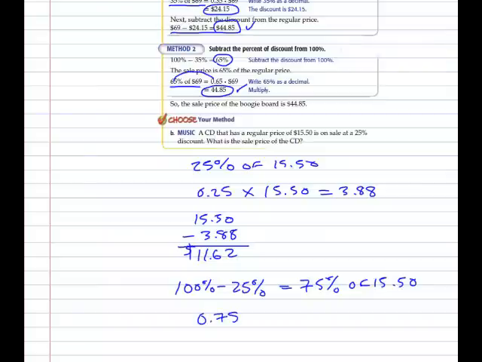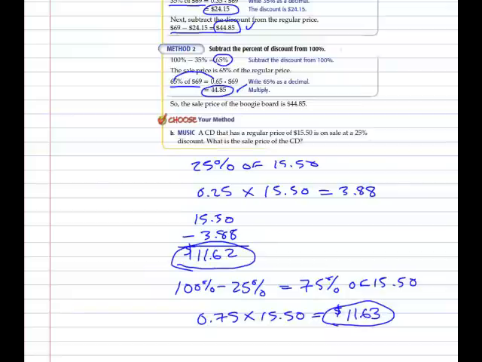So 0.75 times $15.50 gives me a sale price in this case of actually $11.63. It rounds a little higher than this method, but virtually the same amount.